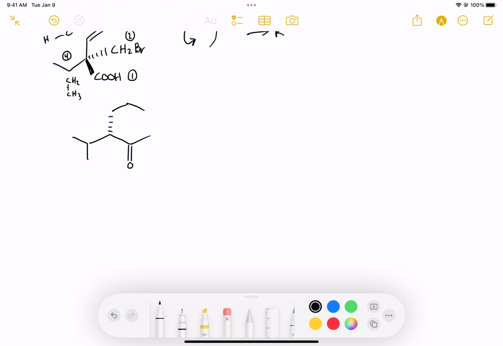Okay, let's see if we got this right now. So now there's a hydrogen here that is on the wedge. Let's name our priorities. Our first priority is probably going to be this oxygen here. So that's 1. When it's substituted here, that's always going to be highest. Then it's a simple alkyl chain, and this one will be our third one. And hydrogen is 4 as always. So if we look at our priorities, it looks like it's going this direction. So that looks S, right?